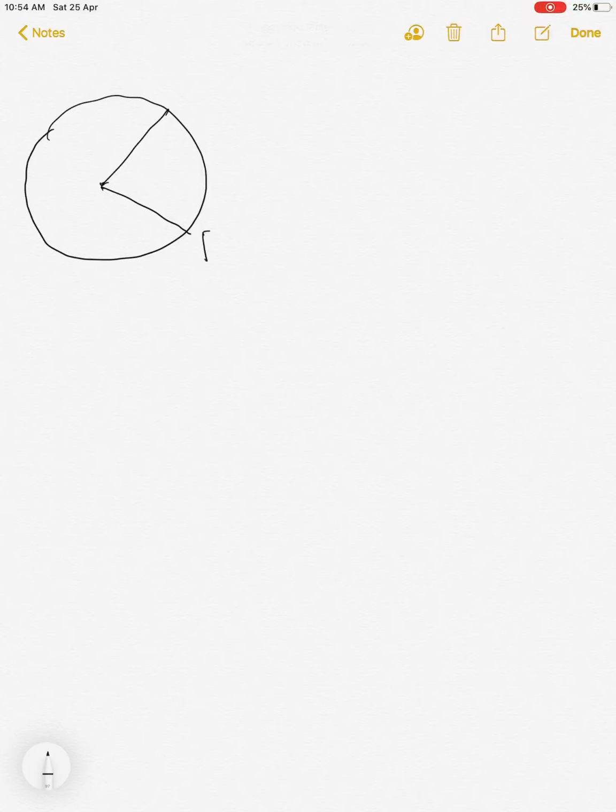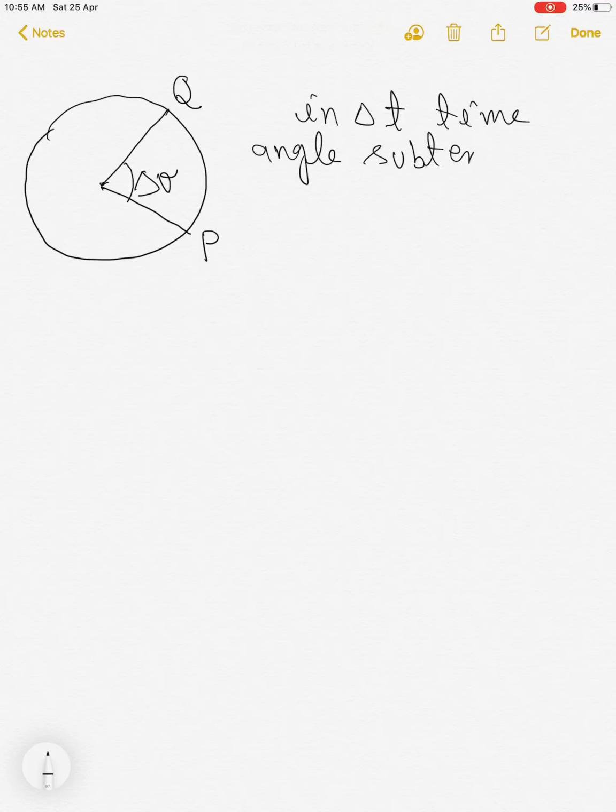Let the body initially be at P; after delta t time it comes to Q, and in this delta t time it is subtending an angle delta theta at the center.